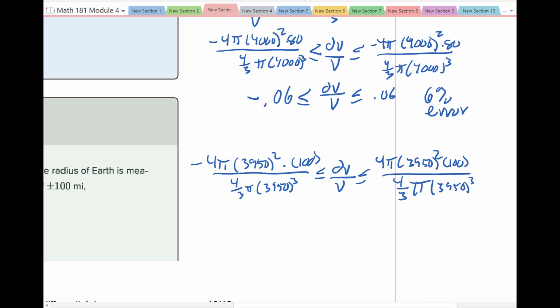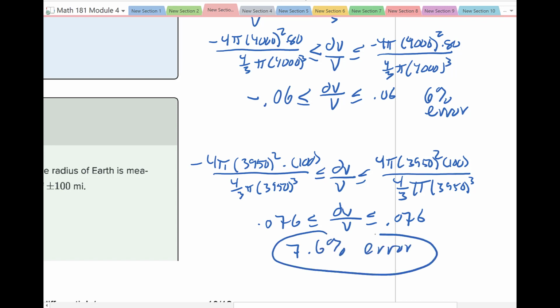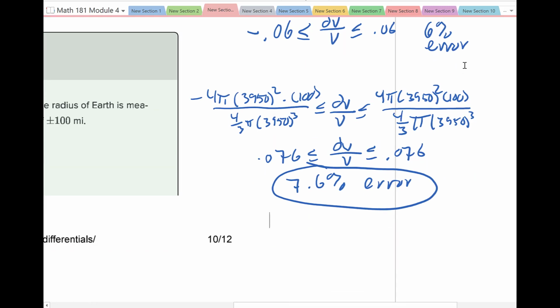And so that comes out to be 0.076 is less than or equal to dV over V, less than or equal to 0.076. So it's 7.6% error. So as the radius went down, the error went up, obviously. Okay, hope that helps. See you guys soon.